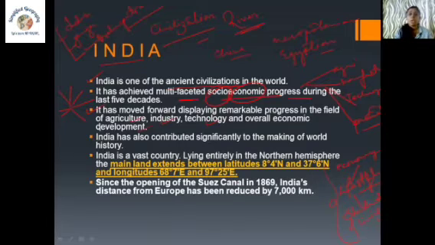Next, it has moved forward, displaying remarkable progress in the field of agriculture, industry, technology and overall economic development. What is agriculture? In the field of agriculture, the green revolution came. After the green revolution we have modernized, mechanized agriculture. We have HYV seeds, technology and different machineries. By using one machinery we can cut down the work of 100 laborers.